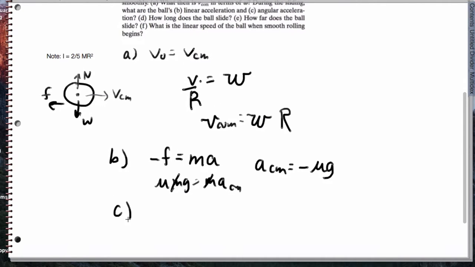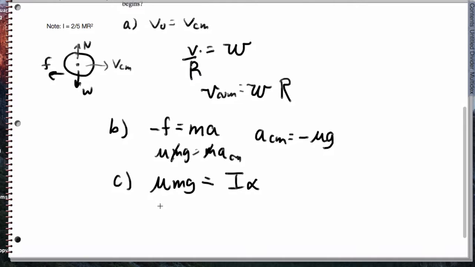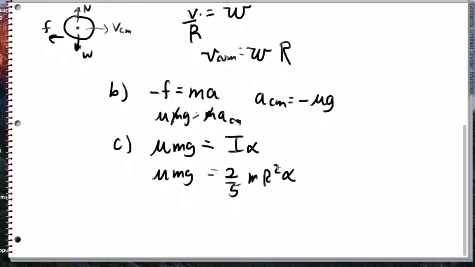Now for the angular acceleration, what's happening there is that we have the same friction applying a torque. And so we can basically say mu mg equals 2/5 m r squared times alpha. But we're not going to assume that alpha is a over r in this case because we're sliding. So this will cancel.